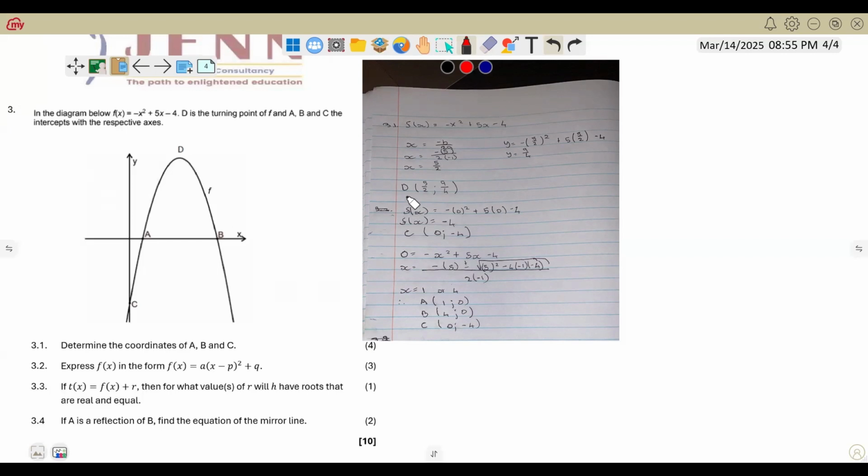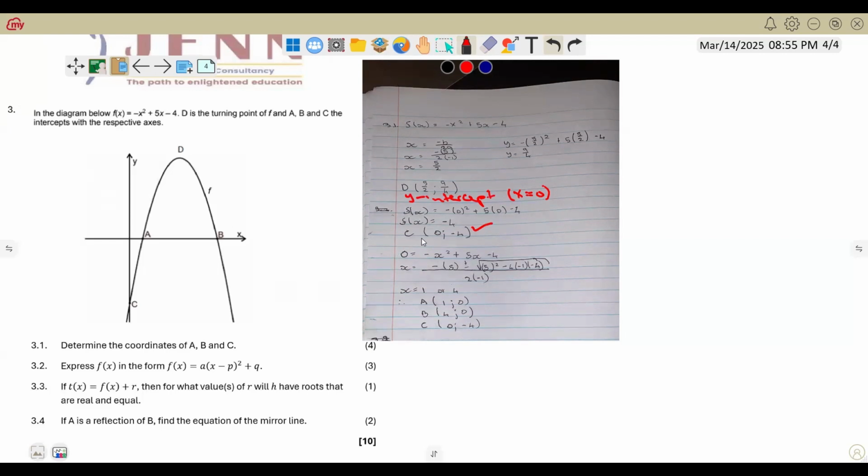You have to write that in full. So what was there on point C? So you know it's the y-intercept, right? Yes, sir. Then how do you get that? x equal to 0. Then substitute, you get your -4 there.